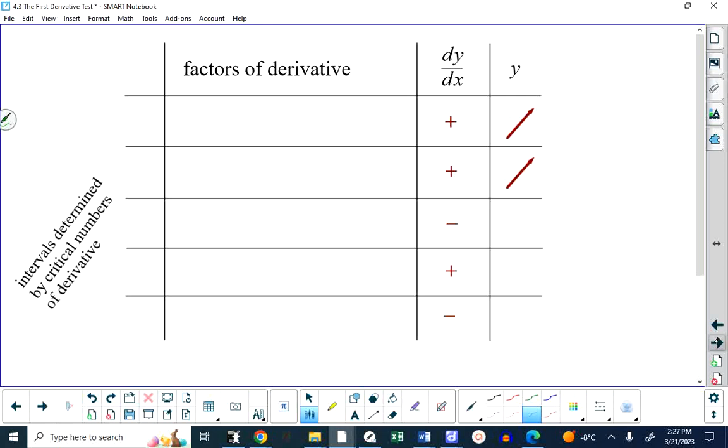It's increasing in the second interval, then decreasing, increasing, and decreasing. So right there is where there's a maximum. Where that second interval ends and the third interval begins would be a maximum. And this would be a minimum, and that would be a maximum. So we're formalizing what we did over the past couple of days.